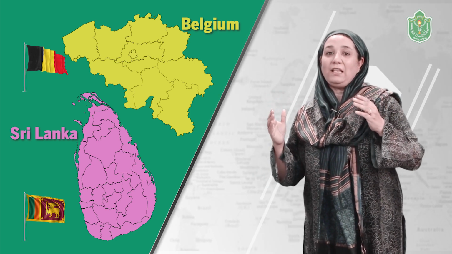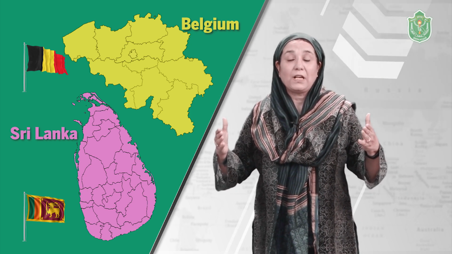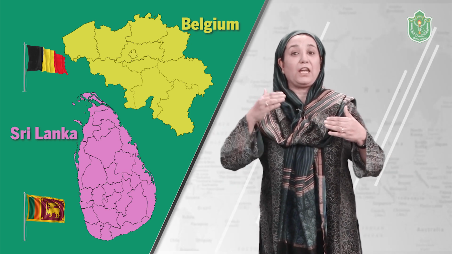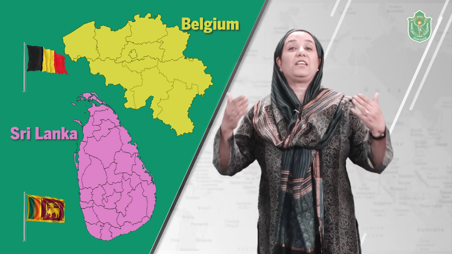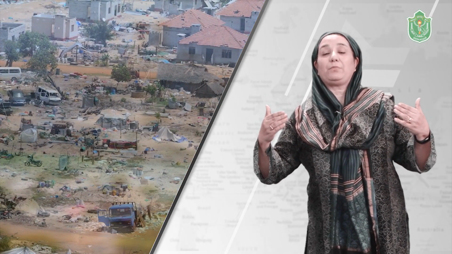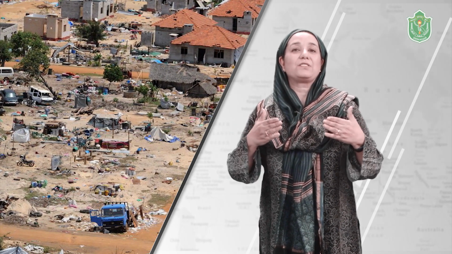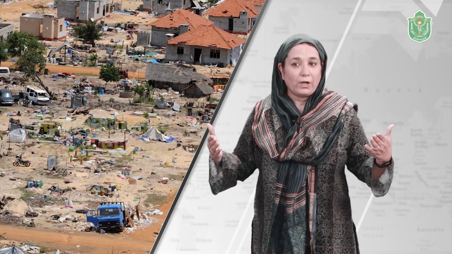Now, the Sinhalese, what happened? Sinhalese are the majority, 74%. They gave preferential treatment to their majority people, and it resulted in a civil war.